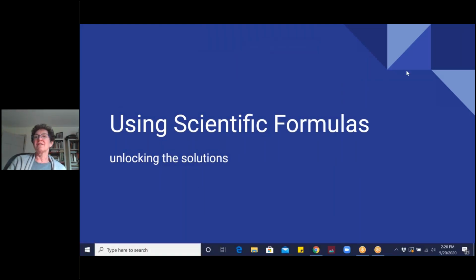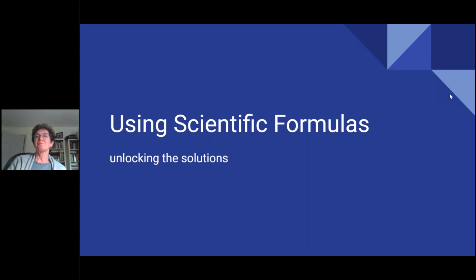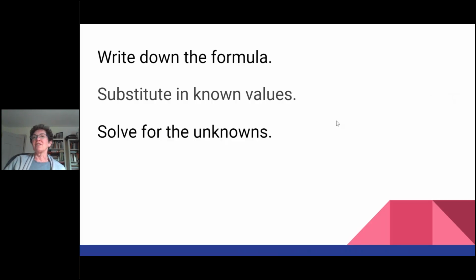Okay, welcome to Using Scientific Formulas. There are just 3 basic steps that you need to know when you're working with formulas. The first is that you write down the formula, then you substitute unknown values, and you solve for the unknowns. So 3 easy steps.